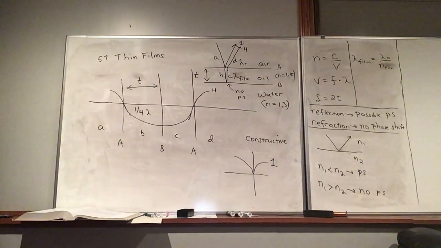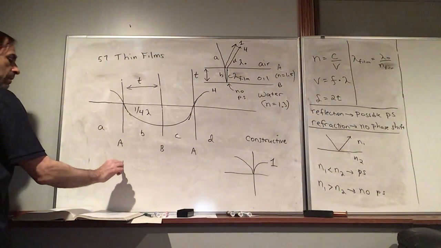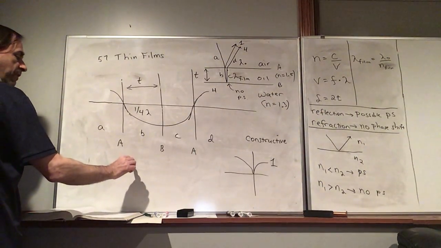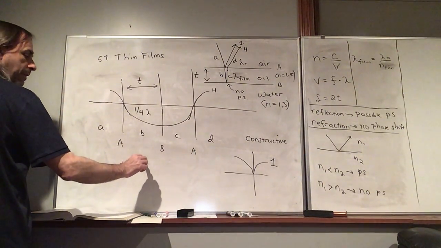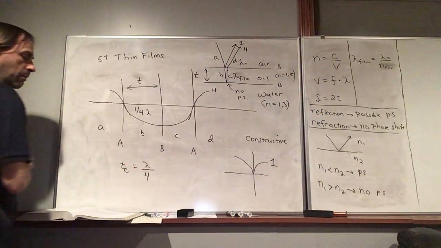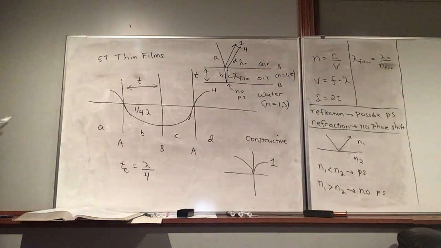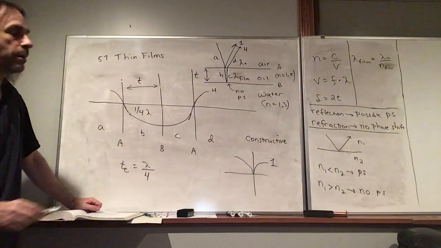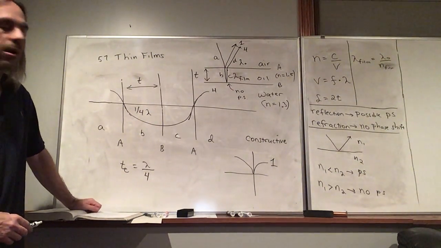And so we can see that this is 1/4 of a wavelength. And so we can see in this case, I'm going to call this TC for constructive interference. This is the wavelength over 4. However, we have to be a little careful here. What wavelength are we talking about?